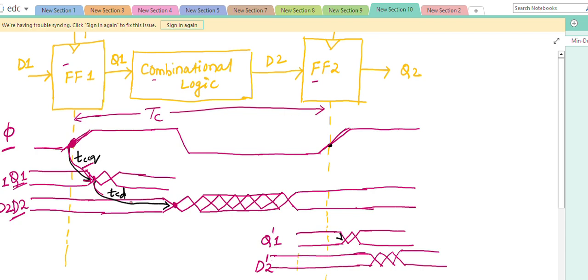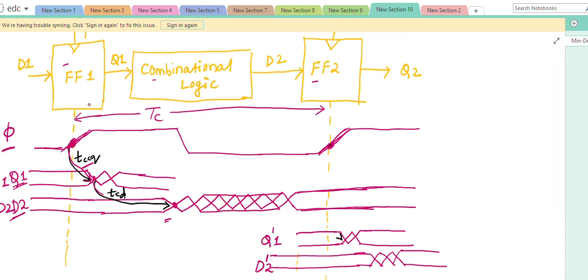This is the contamination delay from when the data is given to the combinational logic. When you get the data D2, after some time, after the propagation delay, the D2 data will be stable. Now it is constant here, you can see. Then we go to the next positive edge. This positive edge is given to flip-flop 1 as well as flip-flop 2.